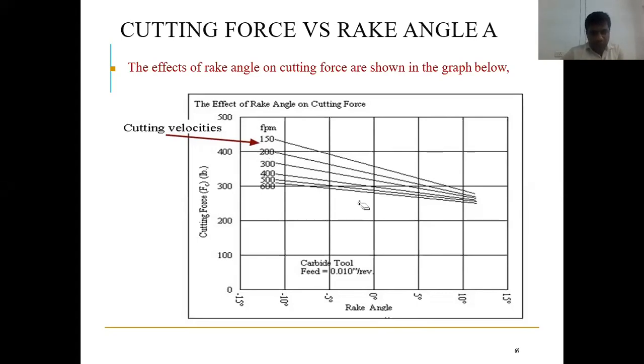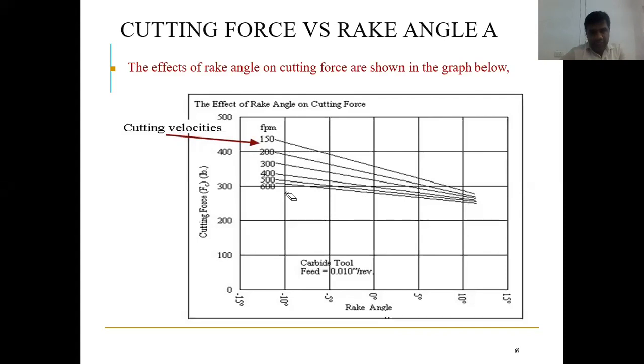So always you need to maintain high rake angle and high cutting speed, so that you are going to machine the material with less force. Less force means less power requirement. With less power consumed, you can manufacture your component. So less power means the cost of machining will come down.